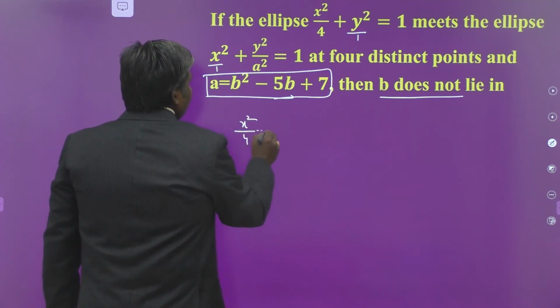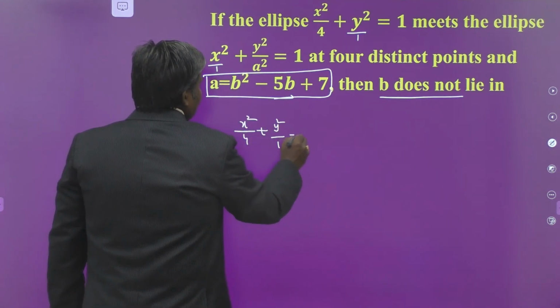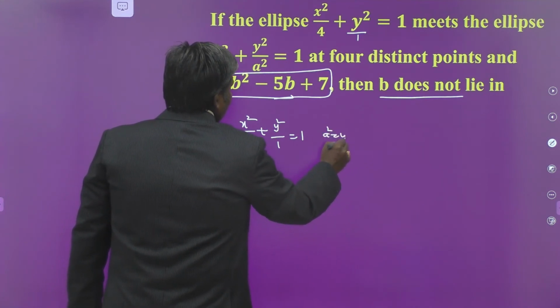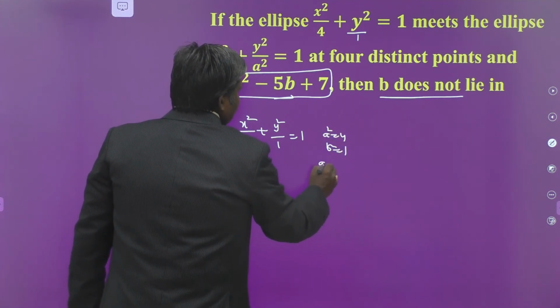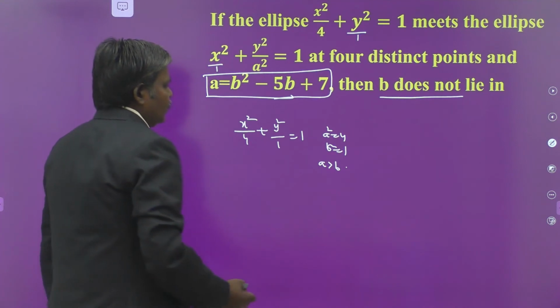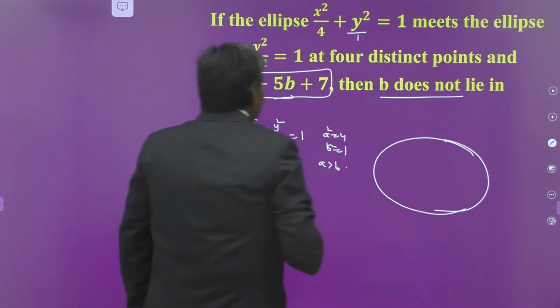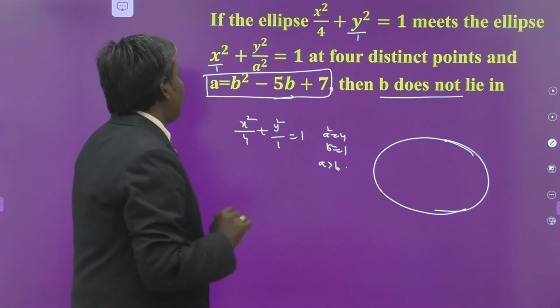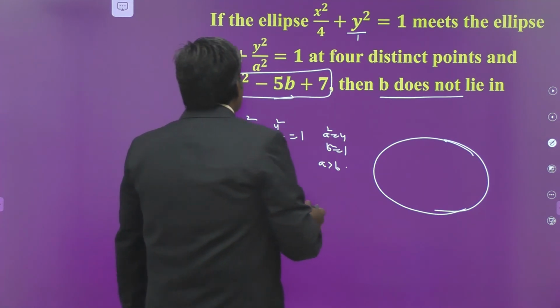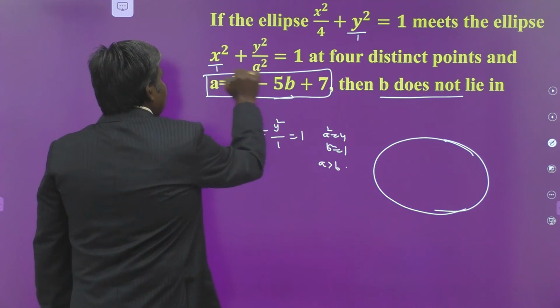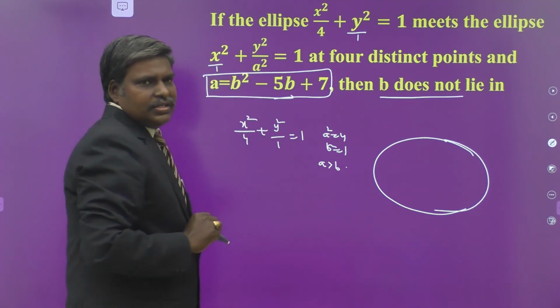Your first equation is x square by 4 plus y square by 1 is equal to 1. Here a square equal to 4, b square equal to 1, so it is the a greater than b case. Suppose this is your ellipse. Now we have 4 points of intersection, which is possible only when the second ellipse is of the form a less than b case.